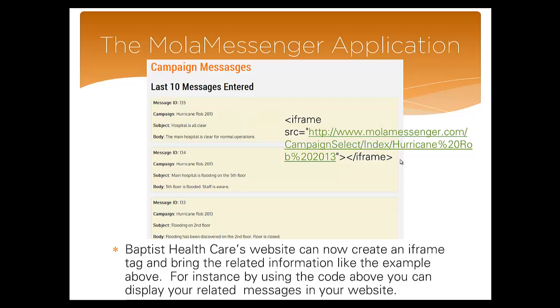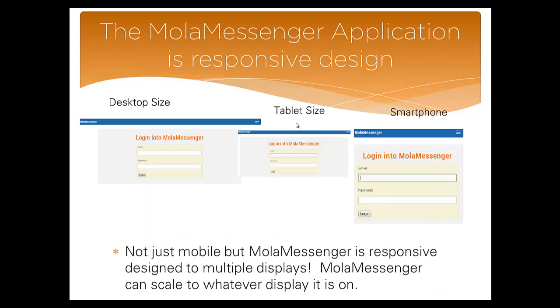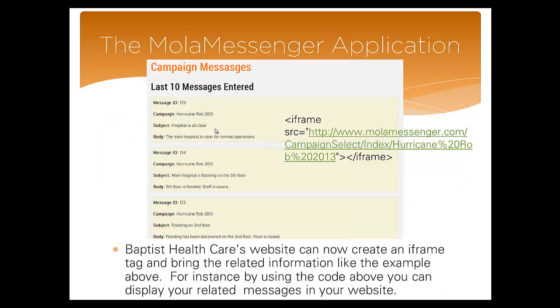And how it does that is simple: an iframe tag. Right here you'll see the iframe tag, and you'll see a special URL. This URL, for instance, is the display of Hurricane Rob 2013, so you'll see all the listing of the messages pertaining to that hurricane.